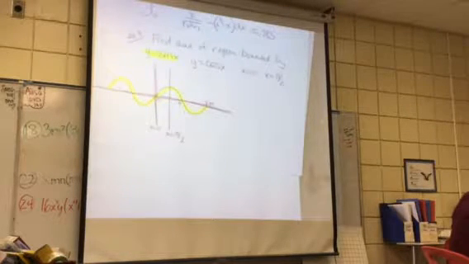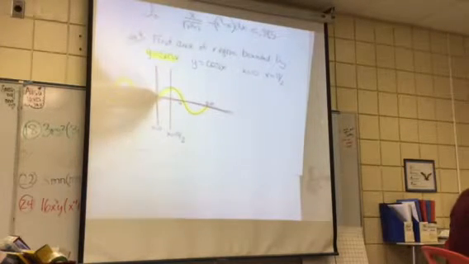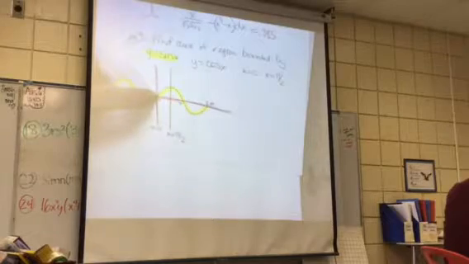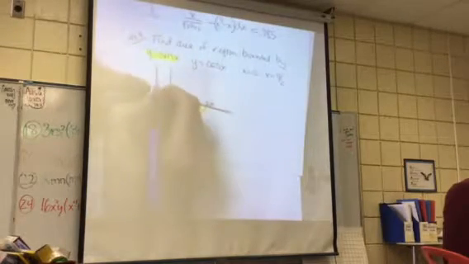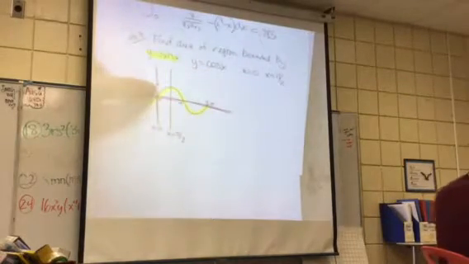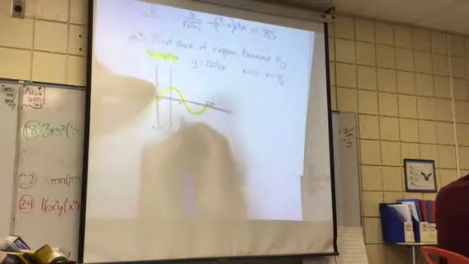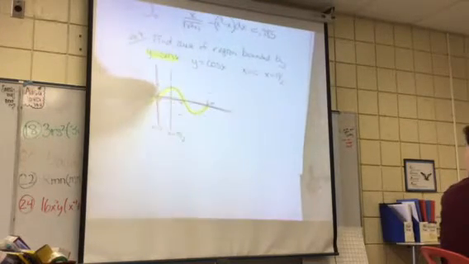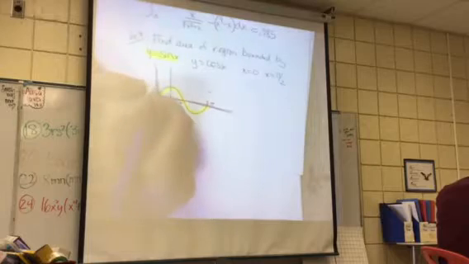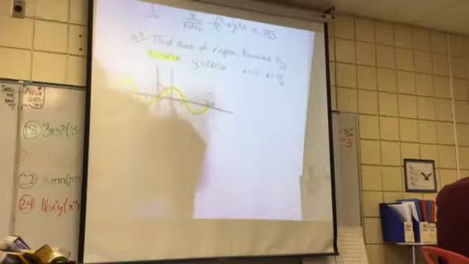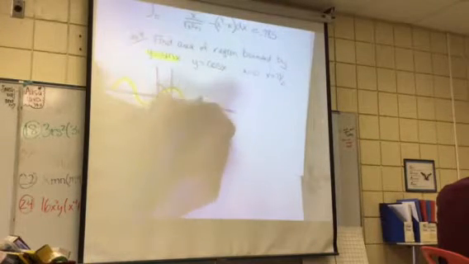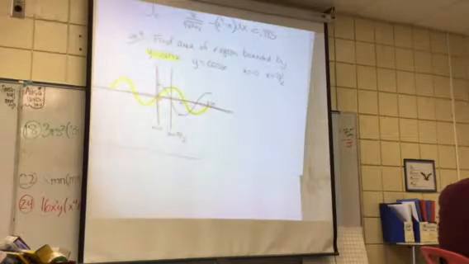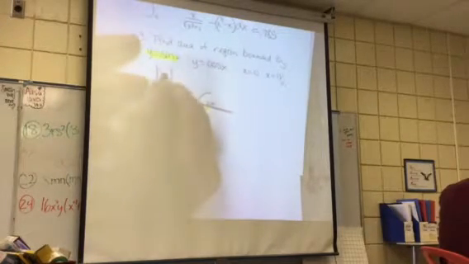What is the y-intercept for your cosine curve? It's 1. So this blue curve is my cosine curve.